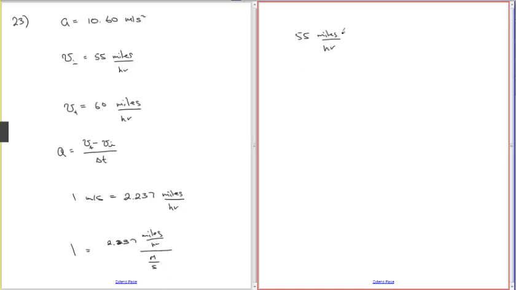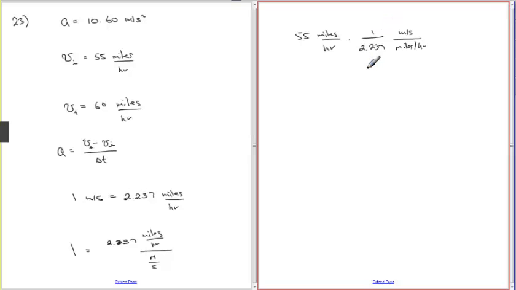So we're going to go the other direction. What we want is miles per hour in the denominator and meters per second in the numerator, because that'll give us meters per second when these cancel out. But we can still write this in: there are 2.237 miles per hour per 1 meter per second.